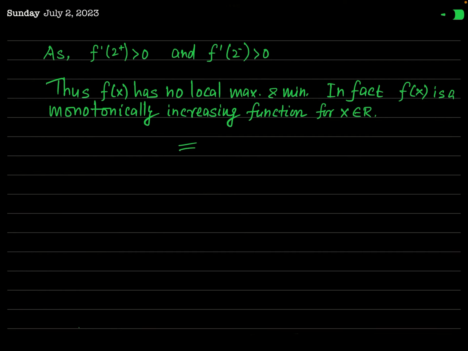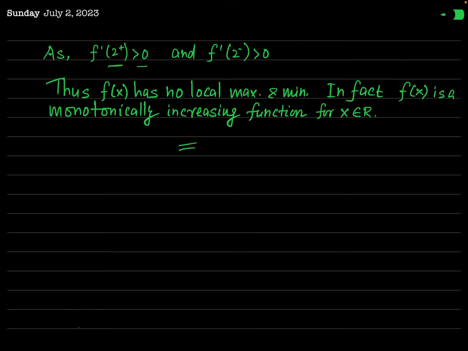Actually, I have written here f dash of 2 plus. 2 plus means you have to take the value of x which is greater than 2. Then you say that this derivative, that is f dash, is positive, that is, the slope of the curve is positive.